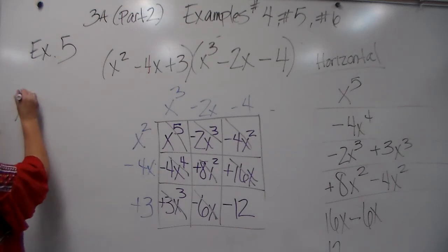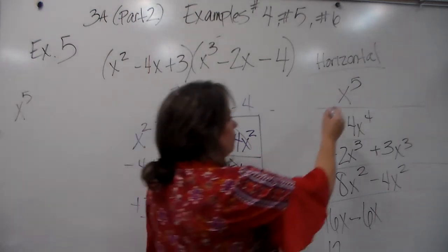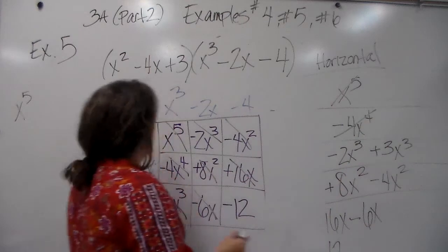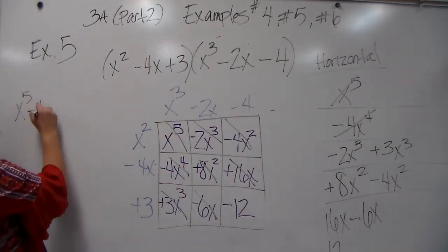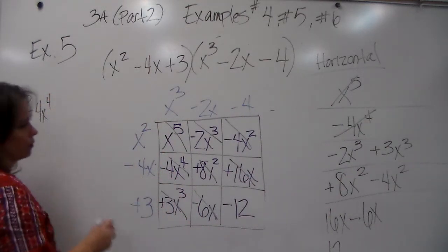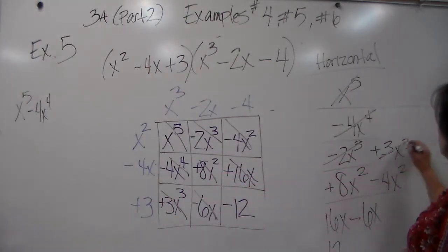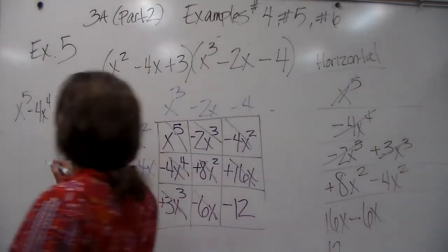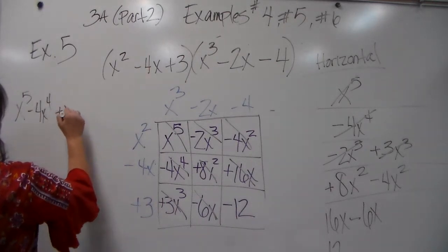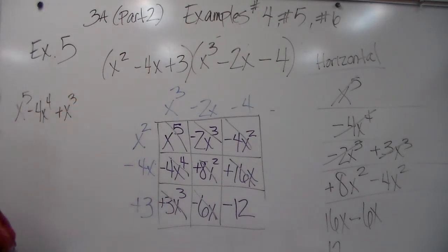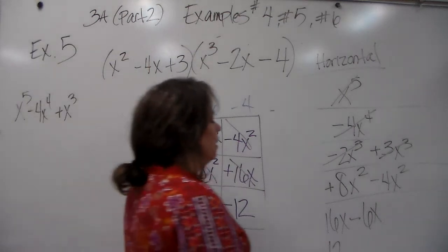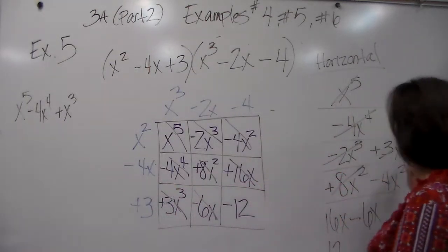We'll get x to the 5th, that'll be our first term. Then we'll get minus 4x to the 4th. When we combine minus x cubed and positive 3x cubed, we'll just get a positive 1x cubed. We don't need to write that 1 in front. You can, but you don't need to.